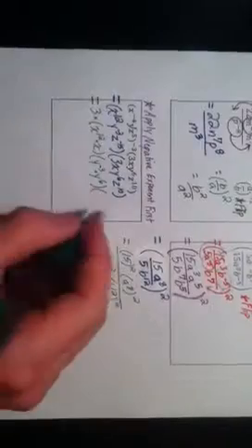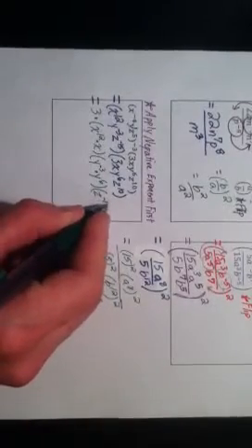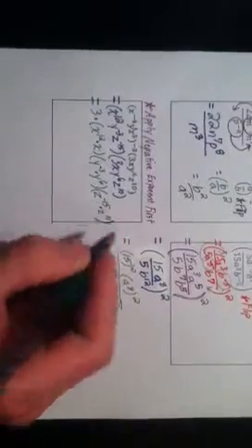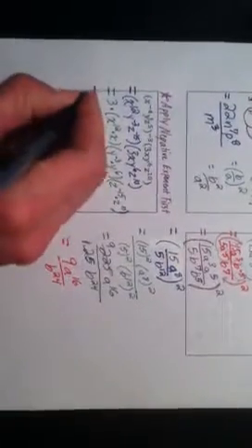And then lastly, z to the -15 times z to the 10th.